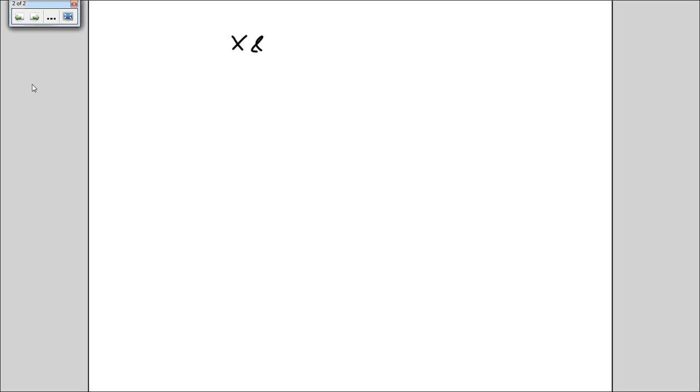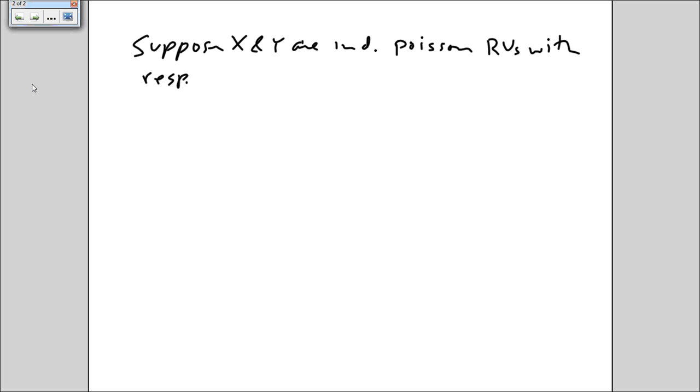Suppose x and y are independent Poisson random variables, and once we're Poisson, we have to talk about the parameter, with respective parameters lambda 1 and lambda 2.